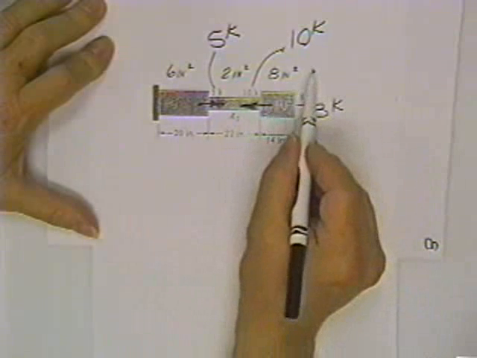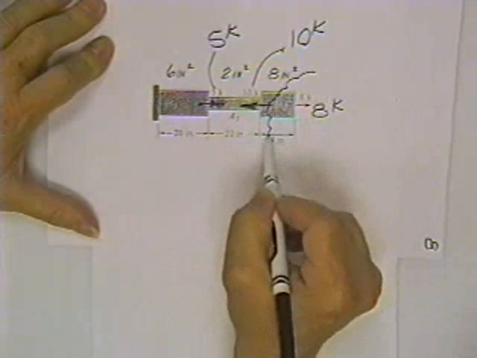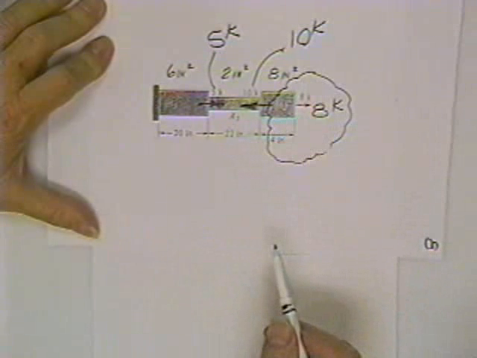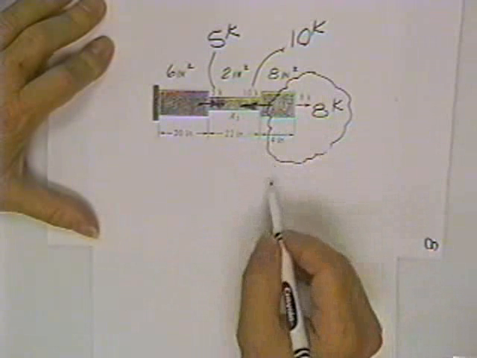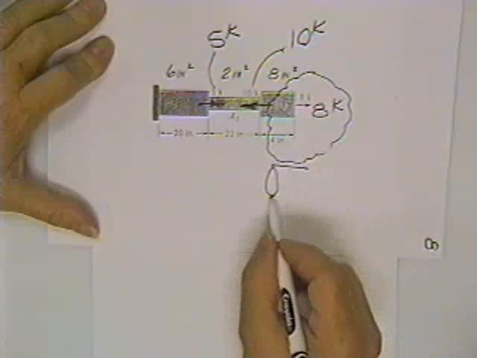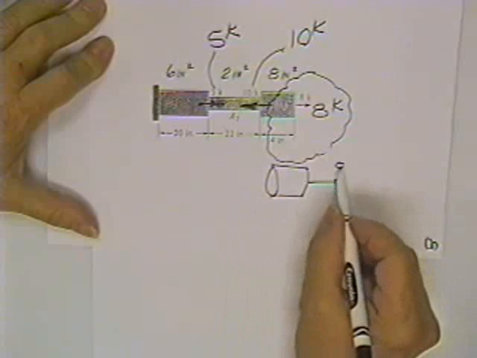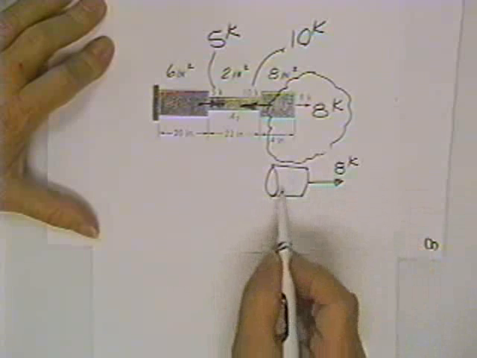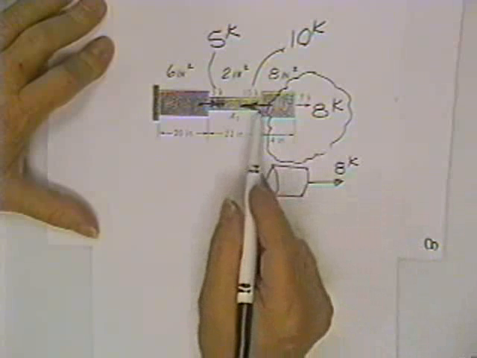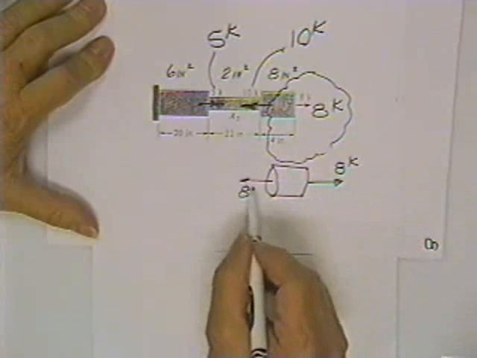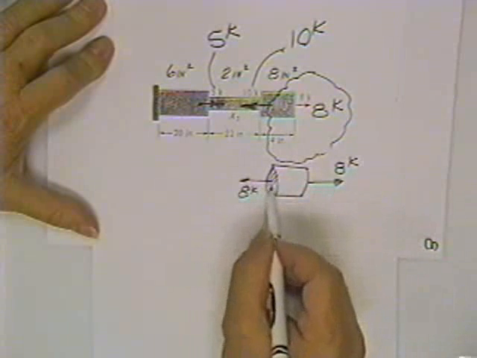In order to find the stress in this first section, you have to cut through that section. Once you cut through that section, you can draw a little free body. You can put the 8 kips of load on the end. You have not cut through the next load yet, and therefore there'll have to be 8 kips of load resisting.